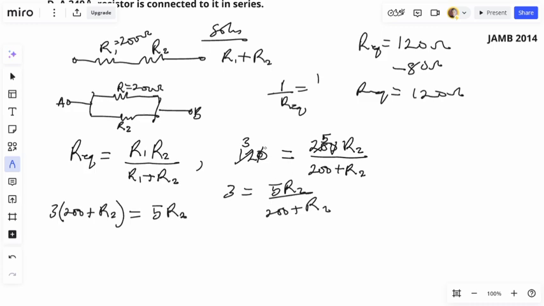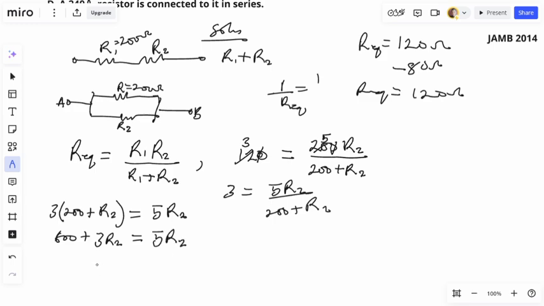You don't have to cancel first. You can first do cross multiplication, but in the end, this will cancel that. If I first did the cross multiplication, instead of 3 it would have been 120, and here would have been 200, which can still cancel. So we're on track. We expand this: 3 times 200 is 600, plus 3 times R2 is 3R2, equals 5R2.